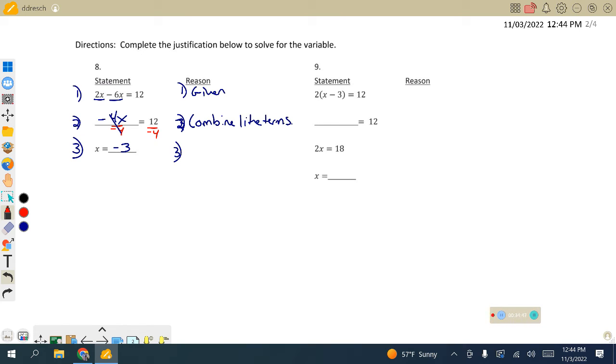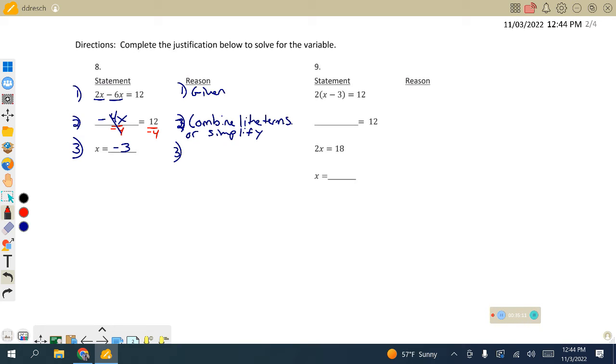It uses our math vocabulary. Now, you will see it one of 2 ways. Combine like terms, or we will also say just the word simplify. Do you need to put both of those down? No. You either put the word simplify or put the word combine like terms.